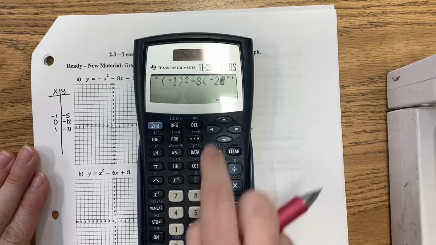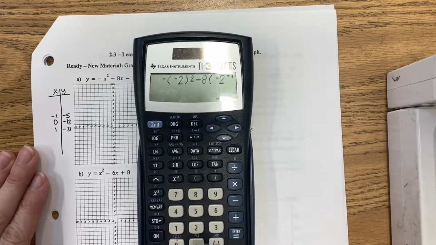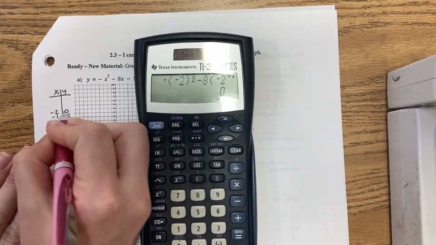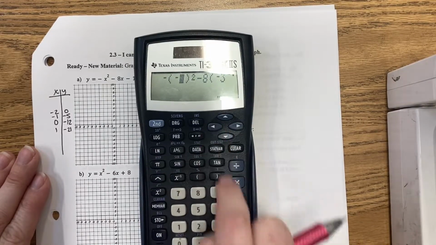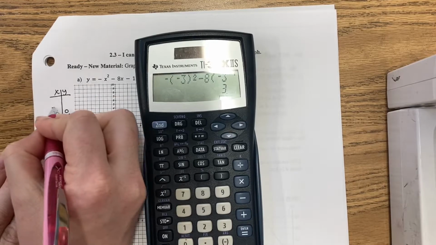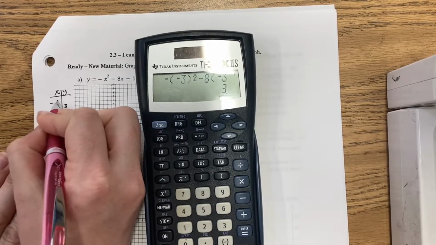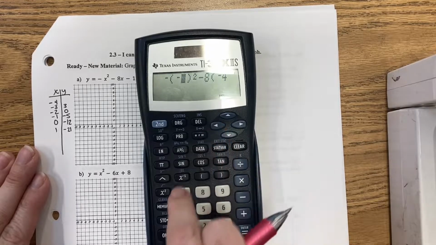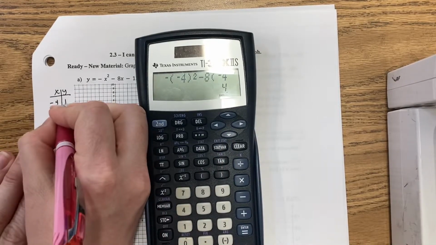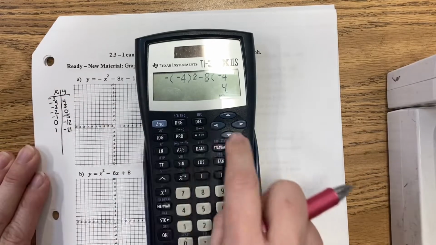Then I place a negative 2. Then I place a negative 3. Negative 4. Negative 5.